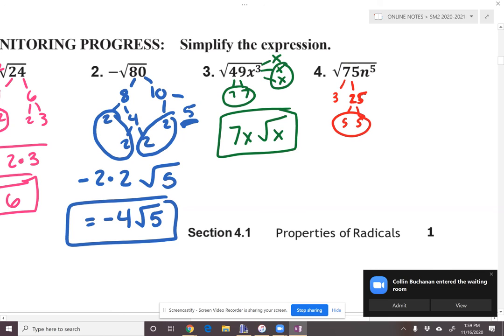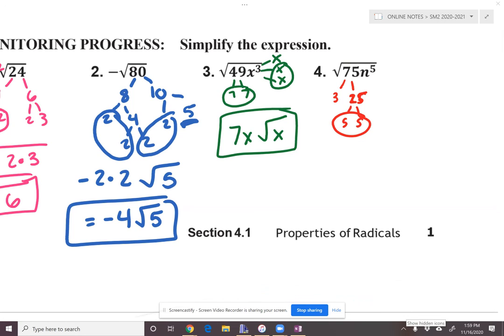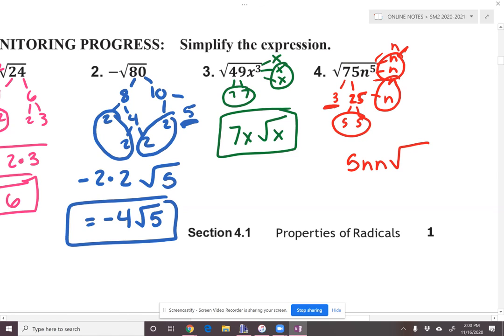So the 5s get to come out. Then I get to do the n's, and in buddies, I get two groups of n. So I have a 5, an n, an n, and inside you still have the 3 and this n. So the best answer is 5n squared square root of 3n.